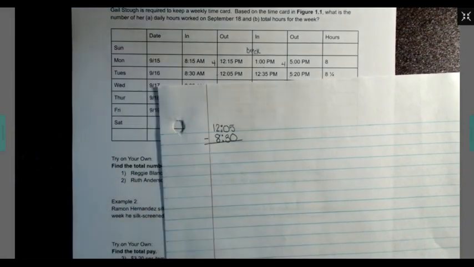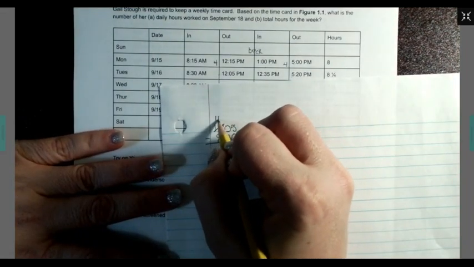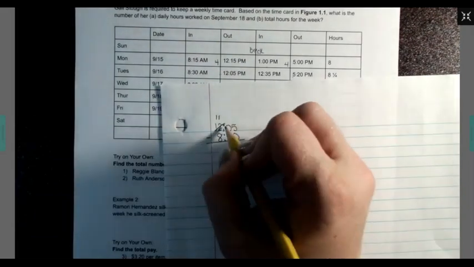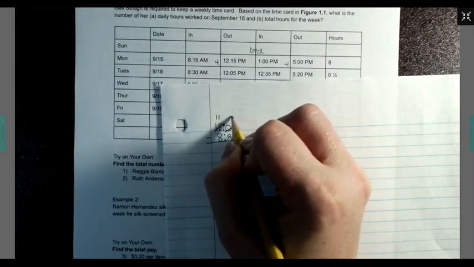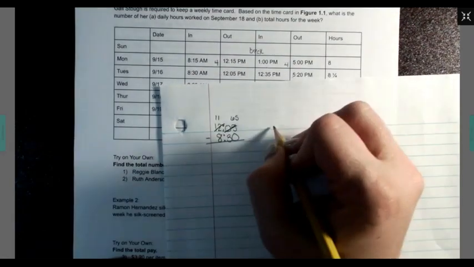Now, can I take 30 minutes away from 5 minutes? No. What we would have to do is borrow an hour. But remember, when borrowing hours, it is 60 minutes time. So we are now at 65 here because there is 60 minutes in an hour.